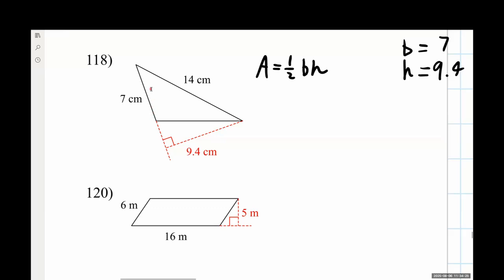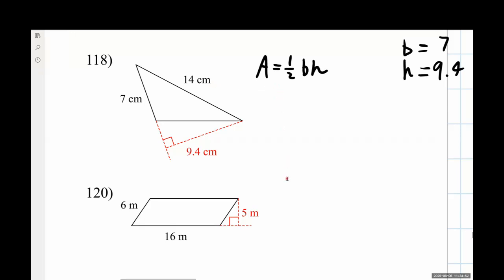And then the big question that shows up for a lot of people is, well, hold on, what am I going to do with this 14 centimeters here? I've got this other side length. Could I do something with that? And great, I have another side length, and that's nice and all. It doesn't fit anywhere into our equation. So this is just extra information that's nice to have, but absolutely irrelevant in actually solving for the area here.